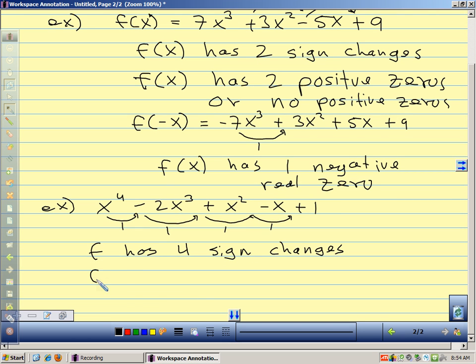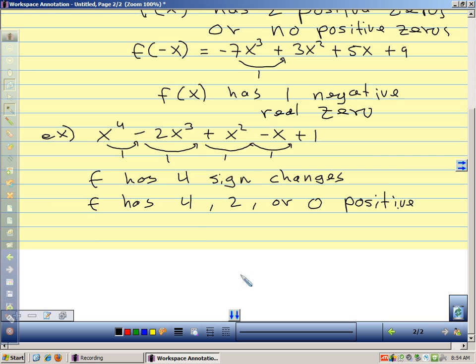So f has 4, 2, or 0 positive real zeros.